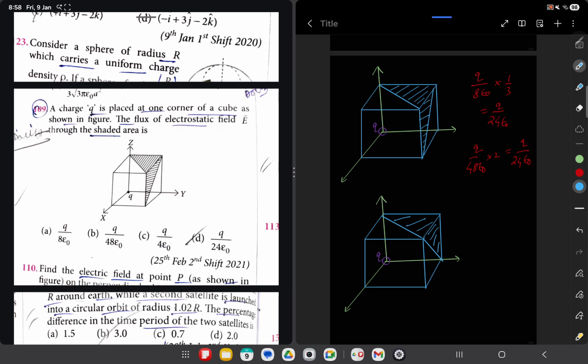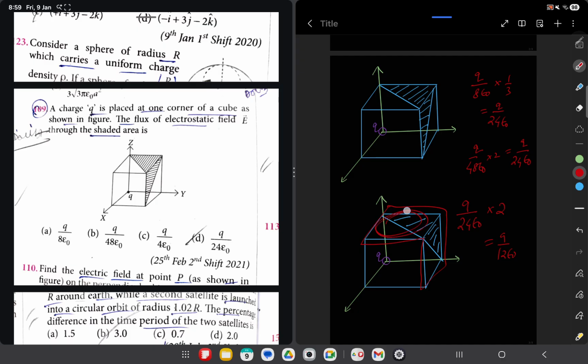So in this case, this one will not get Q by 48 epsilon naught, and this one will not get Q by 48 epsilon naught, but this total portion will get Q by 24 epsilon naught into 2, because there are two surfaces, so Q by 12 epsilon naught.